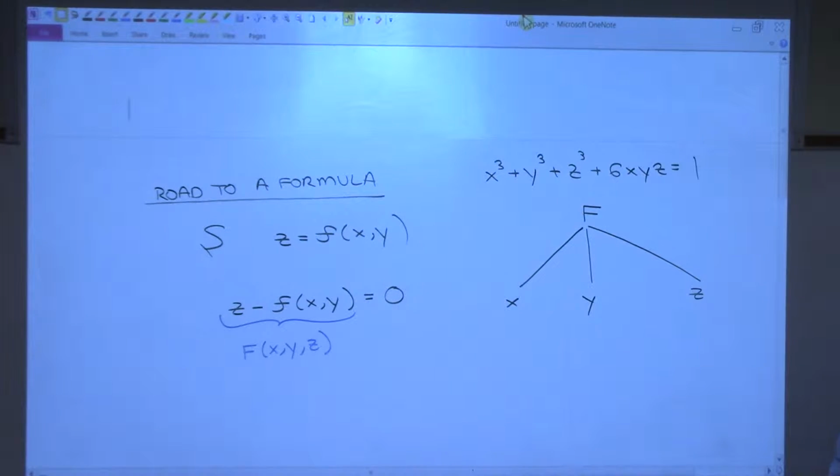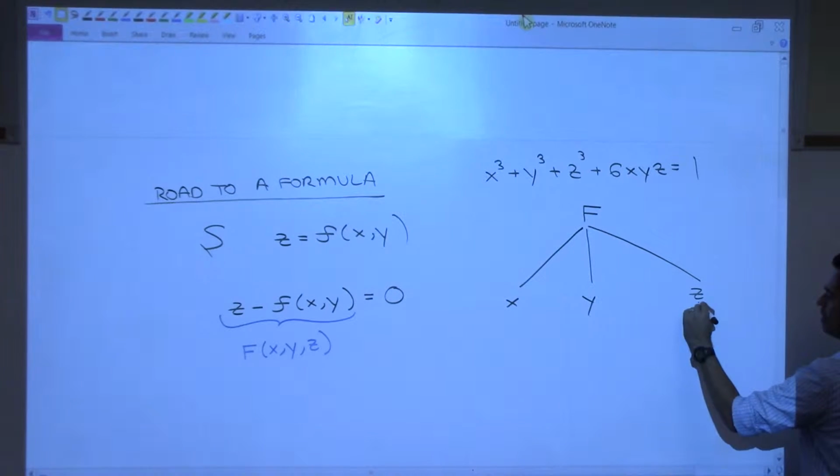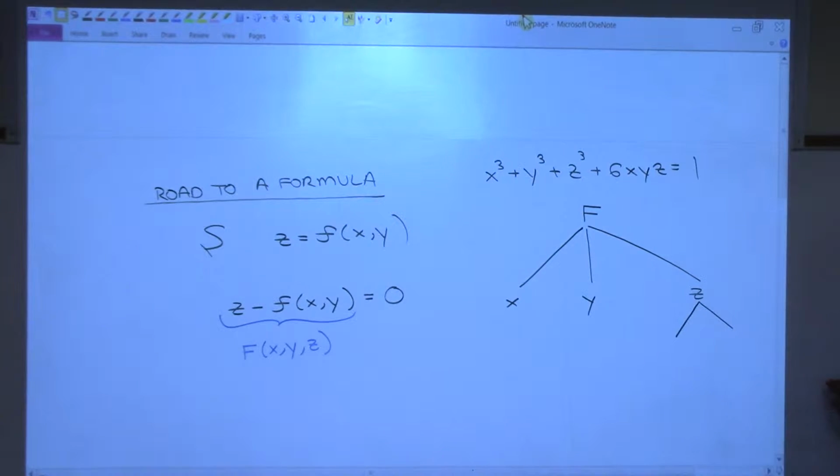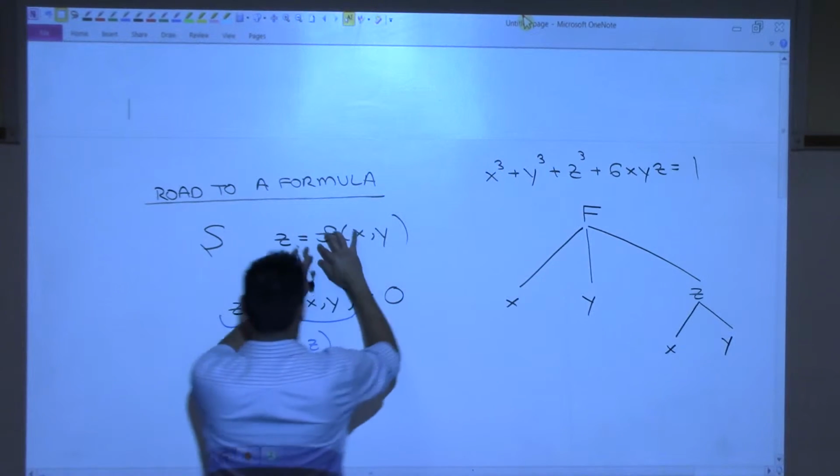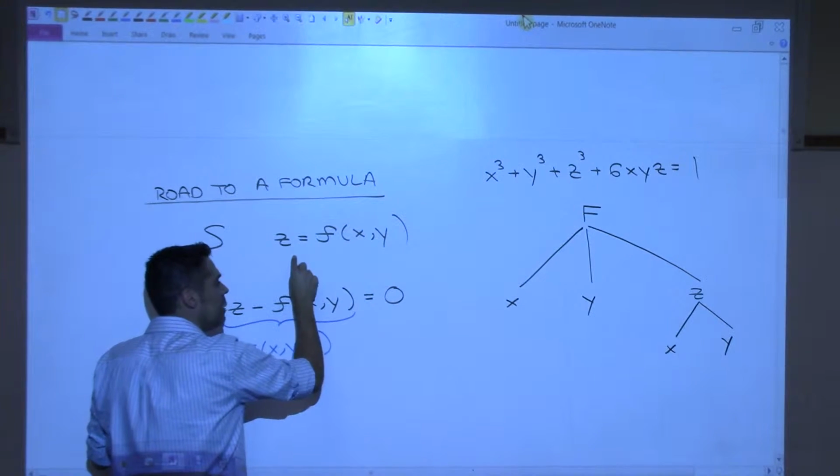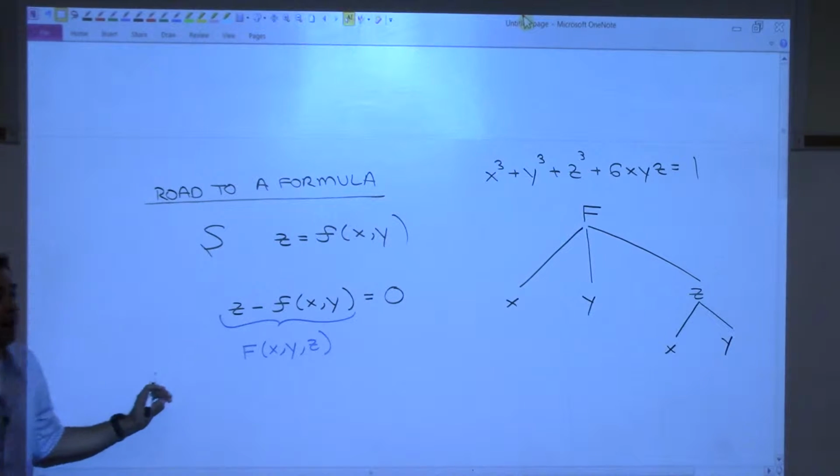We are assuming that Z depends on what 2 things? X and Y, right? Agreed? Because that's from here. Now, we all said that Z must depend on X and Y.